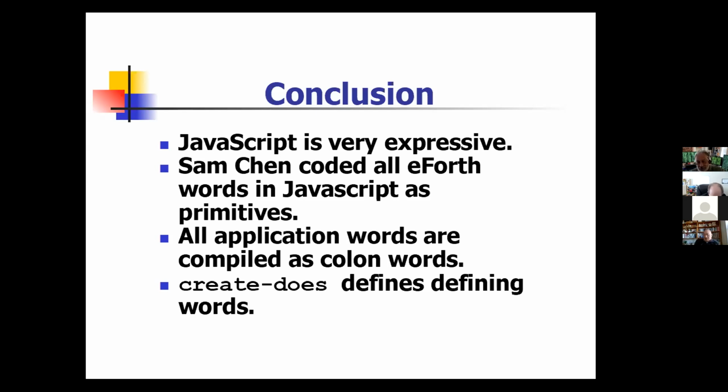I'm also very happy to build the create and does, which define new defining words. This is made possible because I added the QF field on top of the PF field.